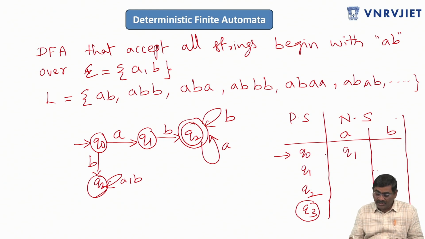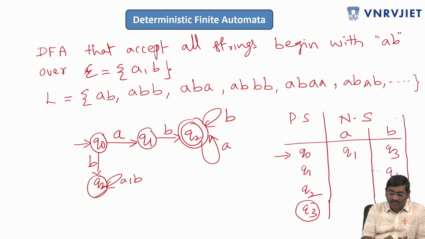Q0 on B goes to Q2. Sorry, Q3. Now let us go with Q1. Q1 on B goes to Q2. And here we have made one small mistake: Q1 on B has a transition, but Q1 on A has no transition.